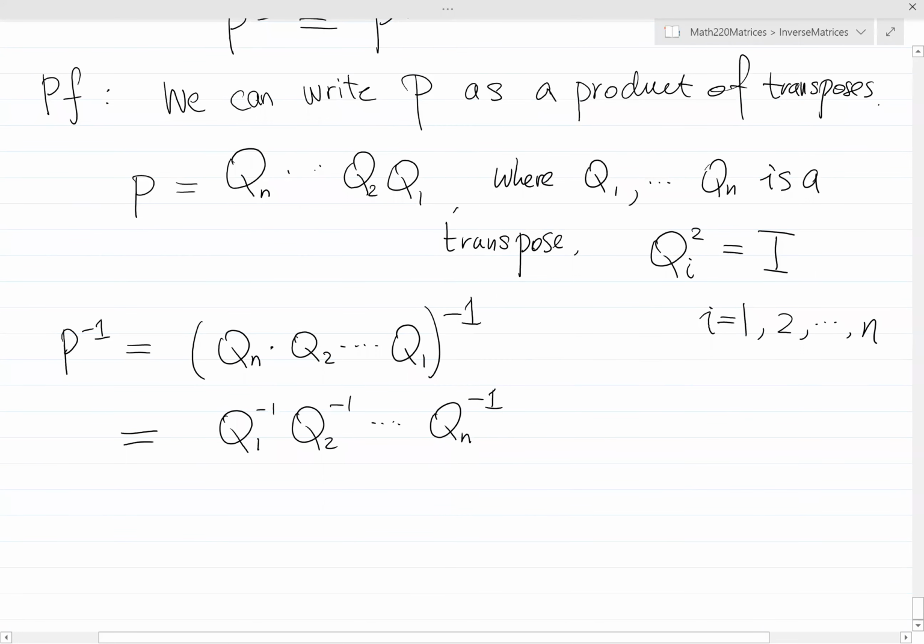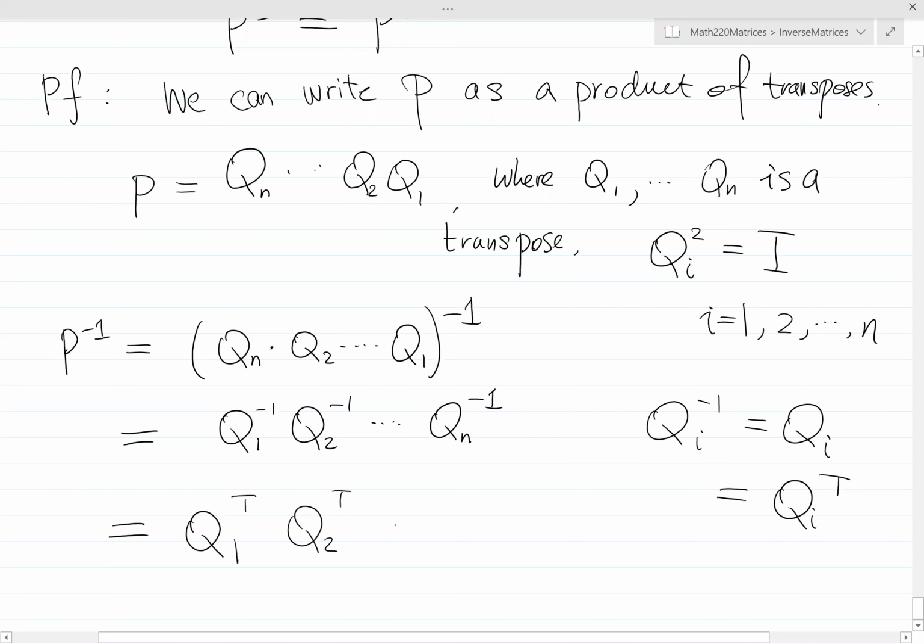And then here we have Qi inverse equal to Qi, and this is also equal to Qi transpose. So we get Q1 inverse is Q1 transpose, Q2 inverse is Q2 transpose, Qn inverse is Qn transpose.